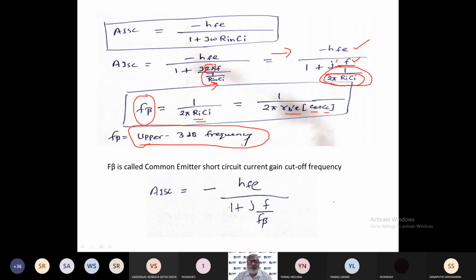So if in the examination a question is asked to calculate the value of the upper 3 dB frequency, you can calculate it if these values are given.